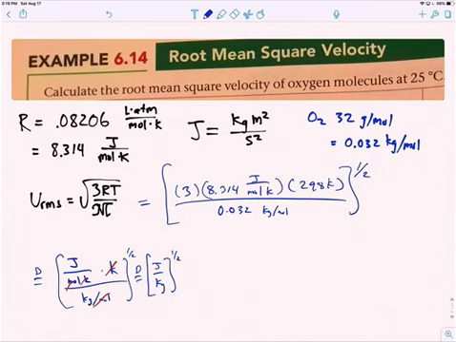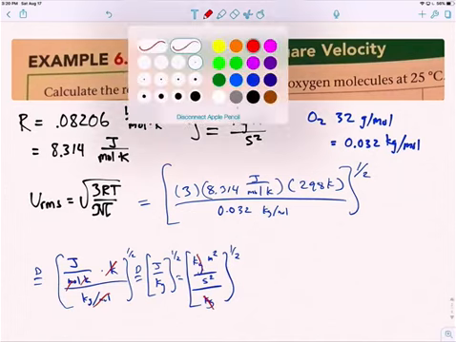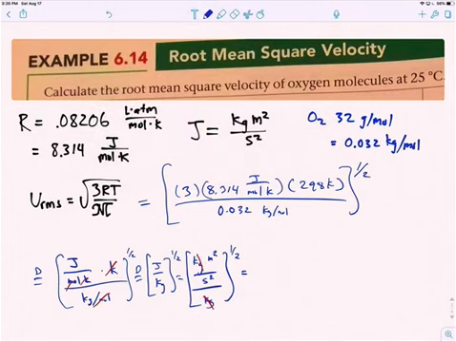So a joule is a kilogram meter squared per second squared, divided by a kilogram. So you can see now these kilograms go away, and we're left with meters squared per second squared, square root, which is meters per second.